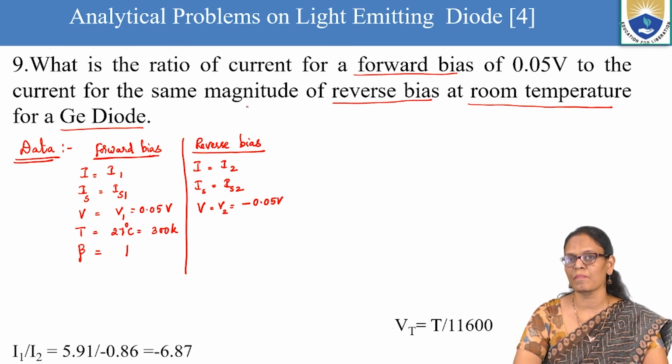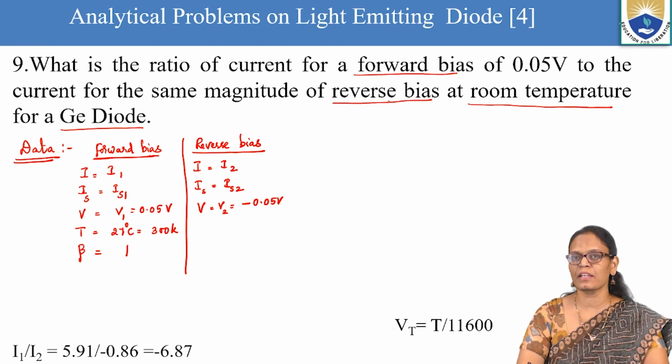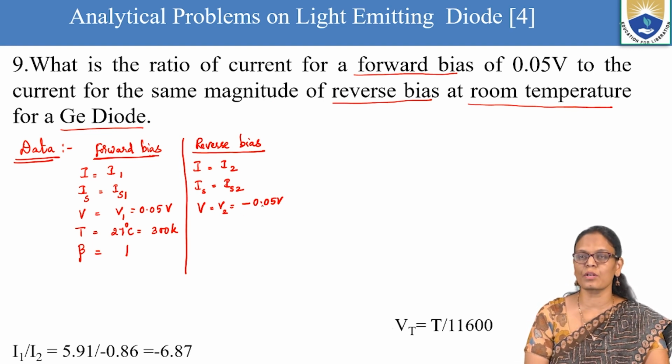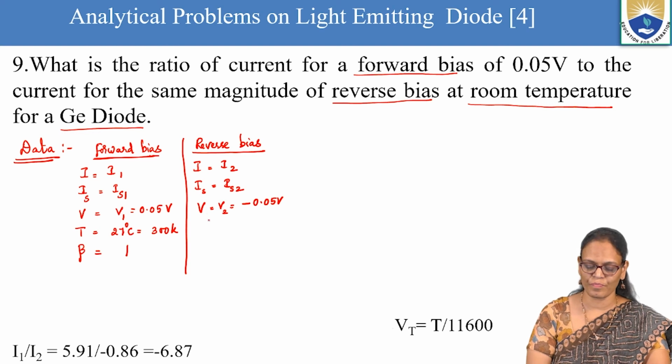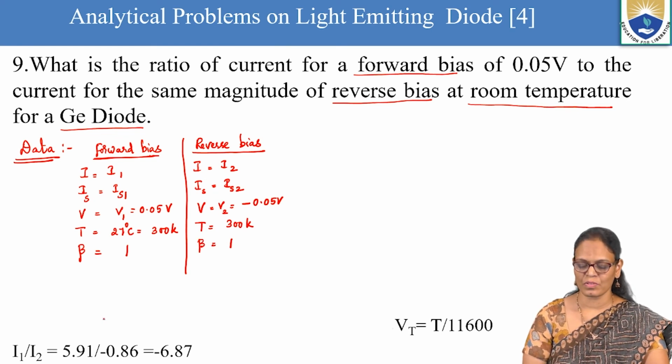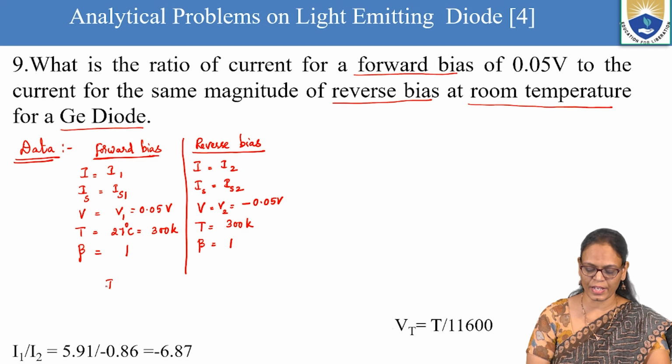Magnitude is the same, but it is in reverse bias. So we have taken minus 0.05 volt, and the temperature is the same, room temperature 300 Kelvin, and beta is equal to 1. So what we have to find here is the ratio of the current I1 by I2. This is what we have to find.